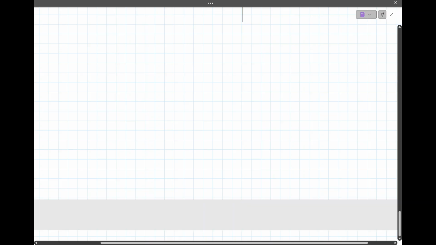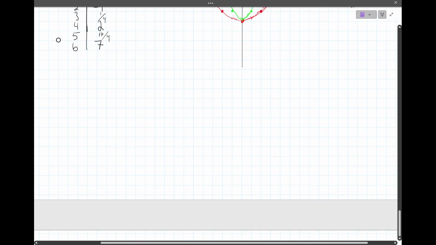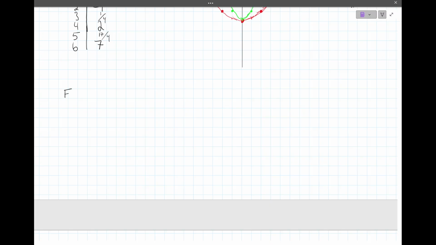Let's take a look at this. Let's do example 8, and let's just investigate what we can do algebraically. So we have an algebraic investigation. We're saying write the equation of a parabola with vertex (0, 4).